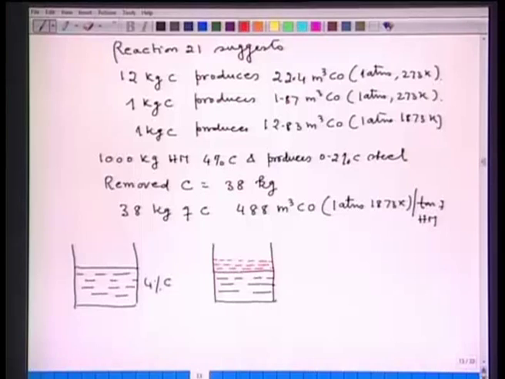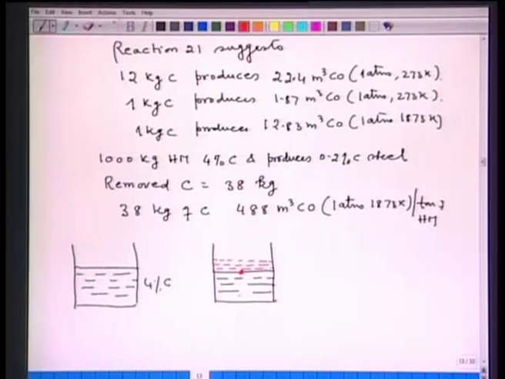Now, another situation you can consider: if the nucleating site is at the slag metal interface, then the bubbles will not have sufficient time to grow. The bubbles will be smaller in size, on account of which the slag will foam.